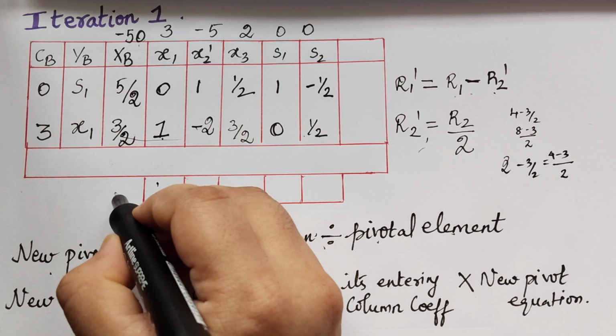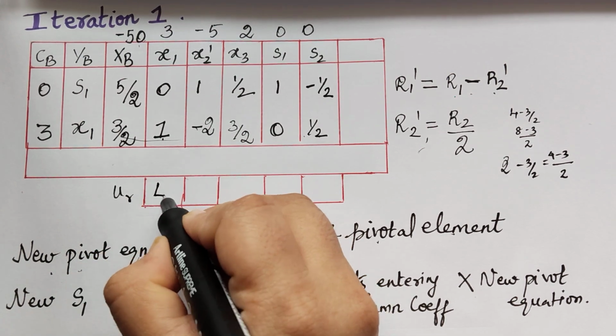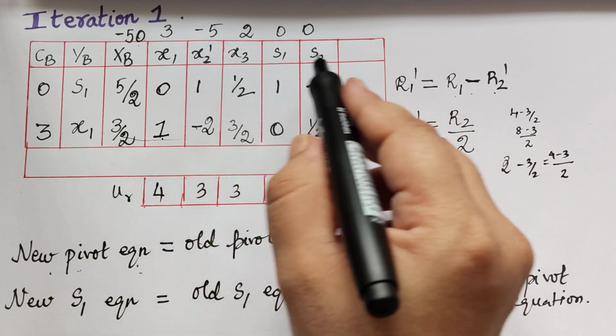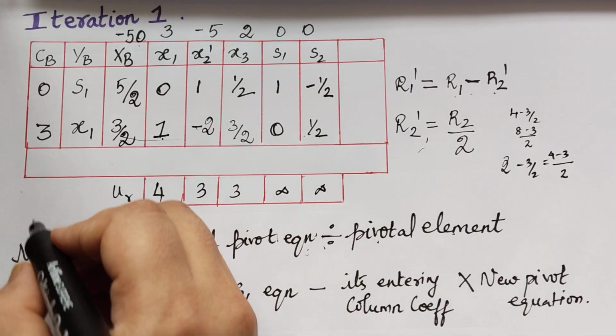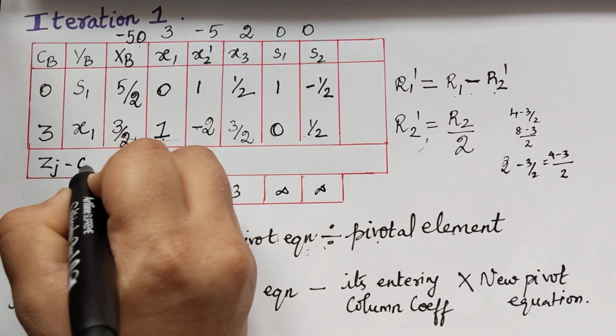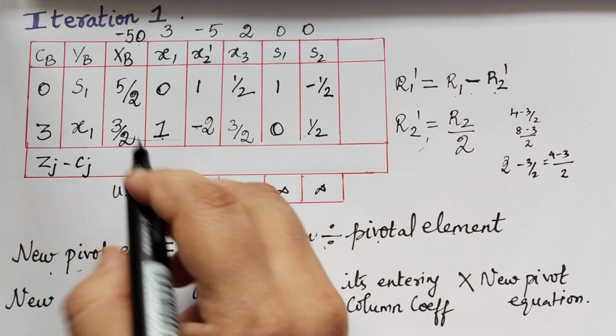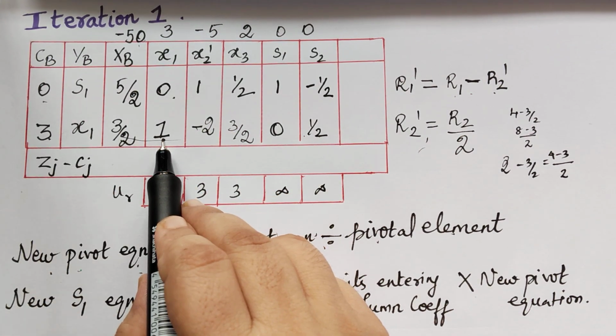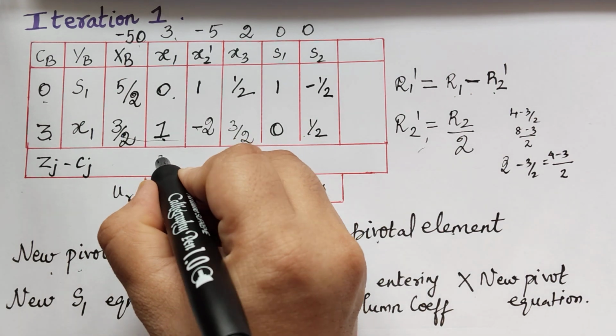And we should also write the upper bound. We know that it is 4, 3, 3, infinity, infinity. For these variables, we have written the upper bound. Now we shall evaluate Zj minus Cj. It is the same process, that is 0 into 0 plus 3 into 1, which is 3. 3 minus 3 will be 0.